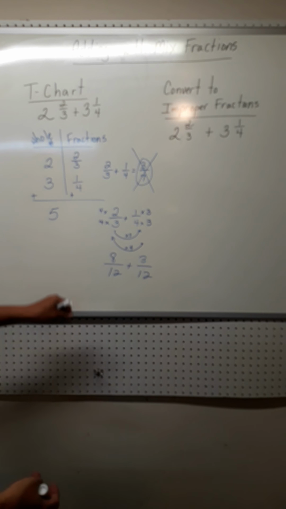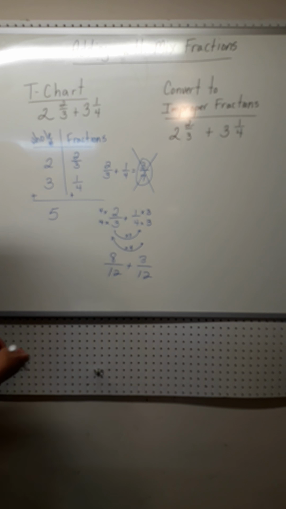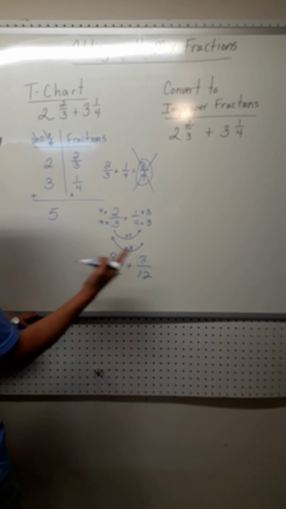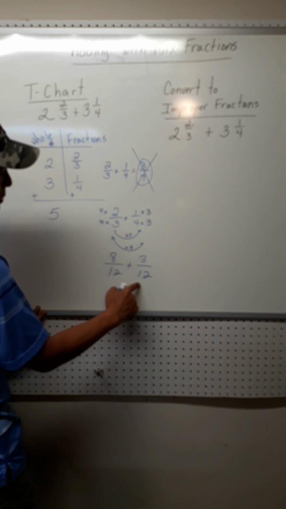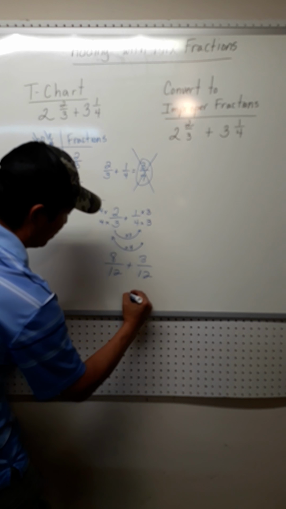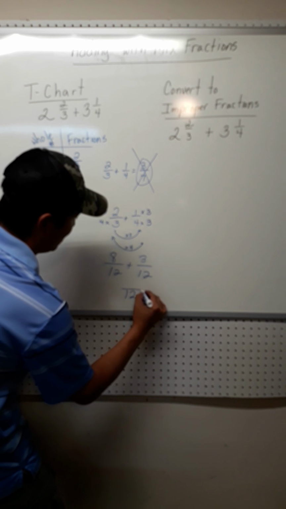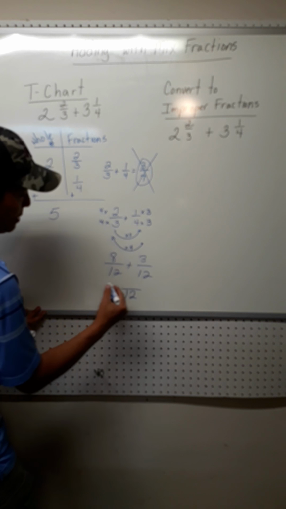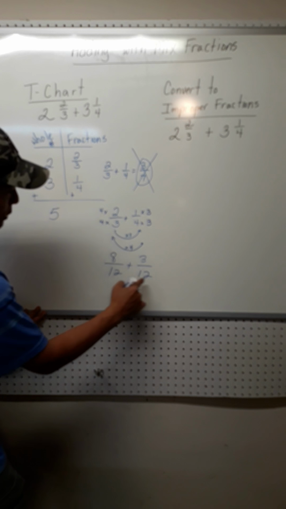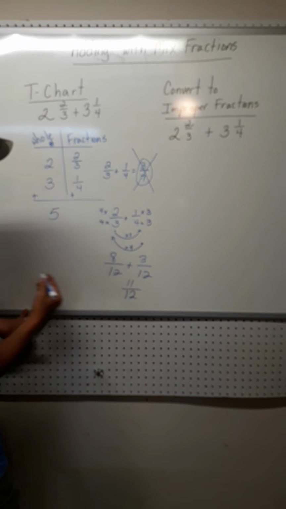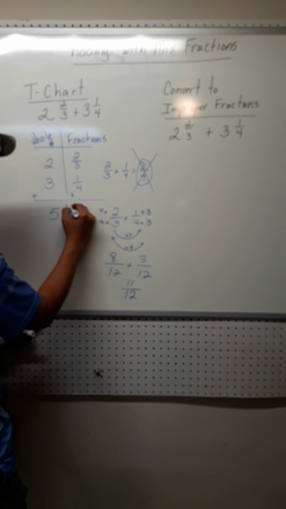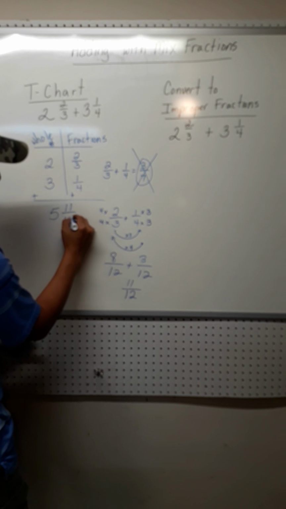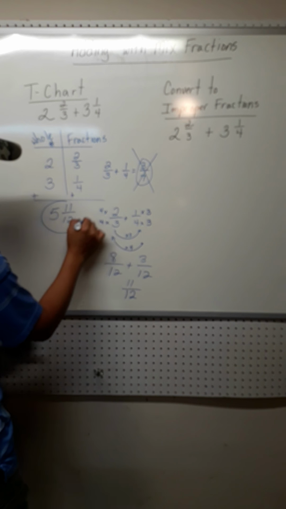Well, we have a common denominator. So therefore, I can add my numerators because my denominators are the same. So it becomes 8 plus 3, which is 11, over 12. We never add the denominators. So I bring back on this side, 11 over 12 is my final answer using the t-chart method.